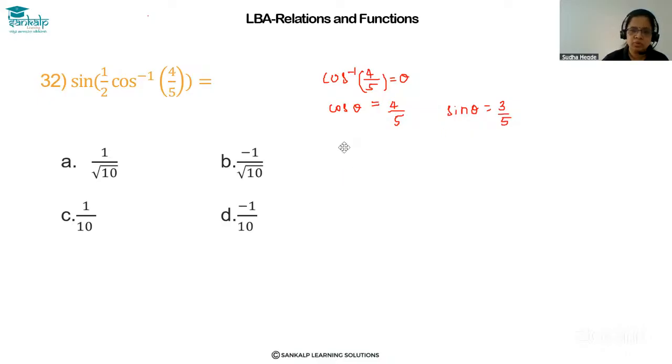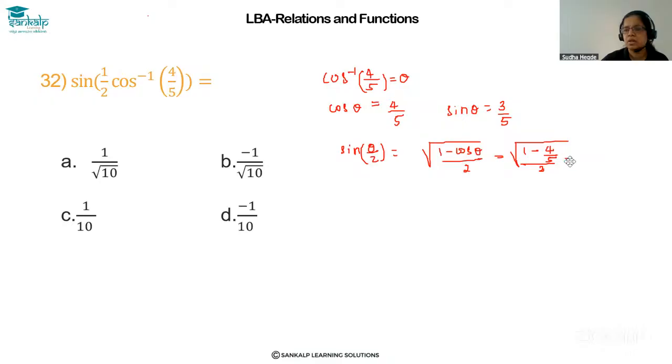Now we have the formula sin theta by 2 is equal to square root of 1 minus cos theta whole divided by 2. Correct? Substitute it. So square root of 1 minus what is cos theta? It is 4 by 5 whole divided by 2.